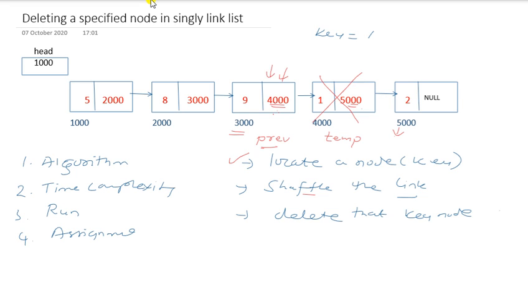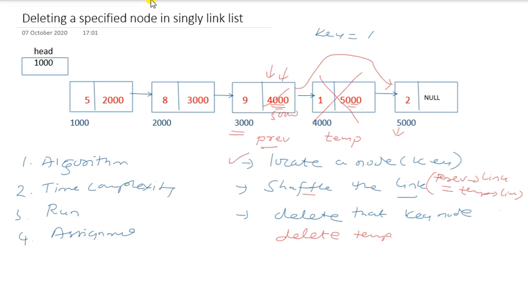This is how the shuffling will be done. That's all you are supposed to do. This is the only thing. Once you modify this, say to 5000, the link will be established, and now you can delete the key node. So you can say delete temp. This is how the node is deleted.